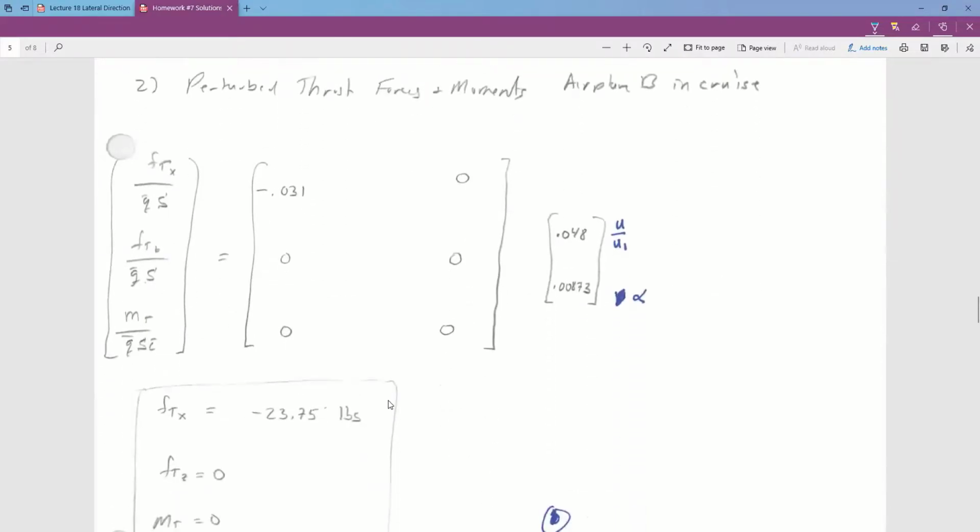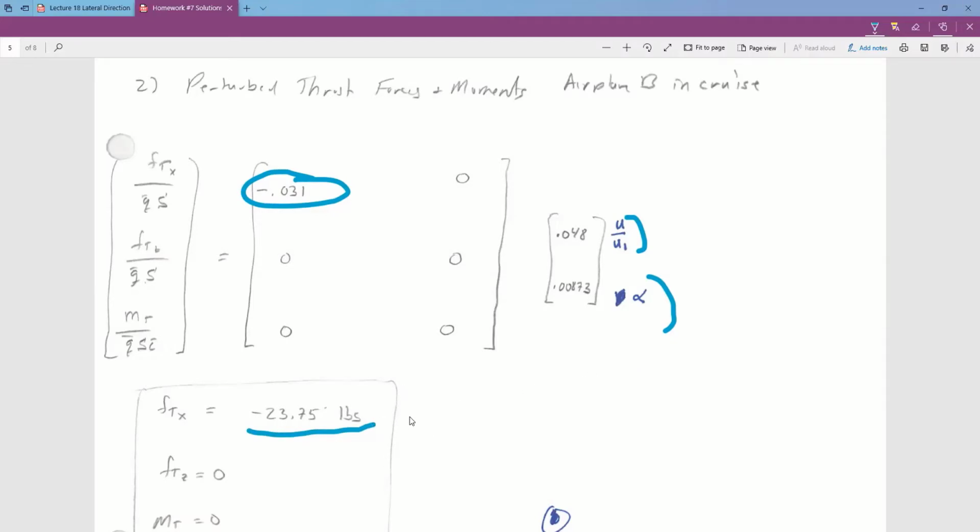And here are the perturbed thrust forces and moments. So we have to calculate U over U1 and alpha in radians. A lot of the values here are 0, so the only one that actually goes in is this one here. And you get an X thrust force of 23 pounds.